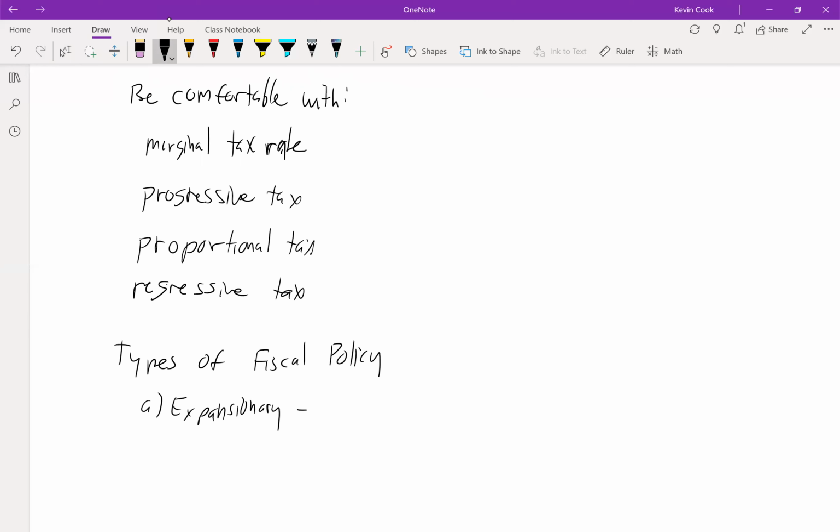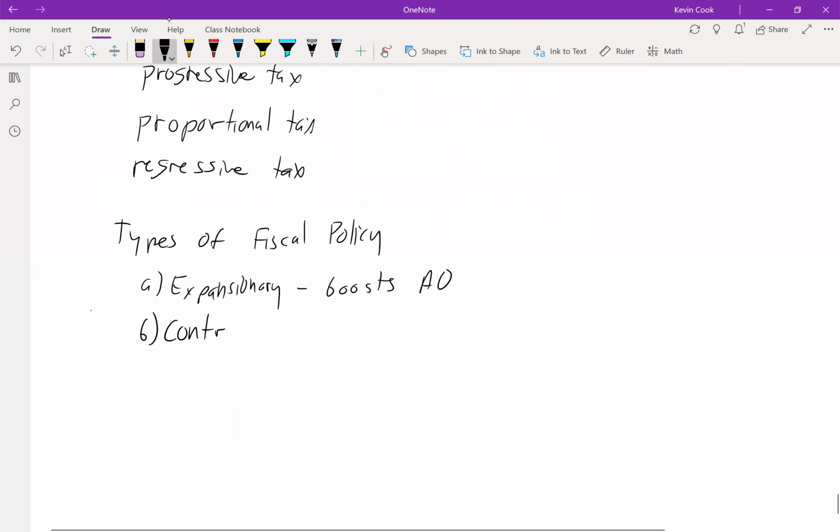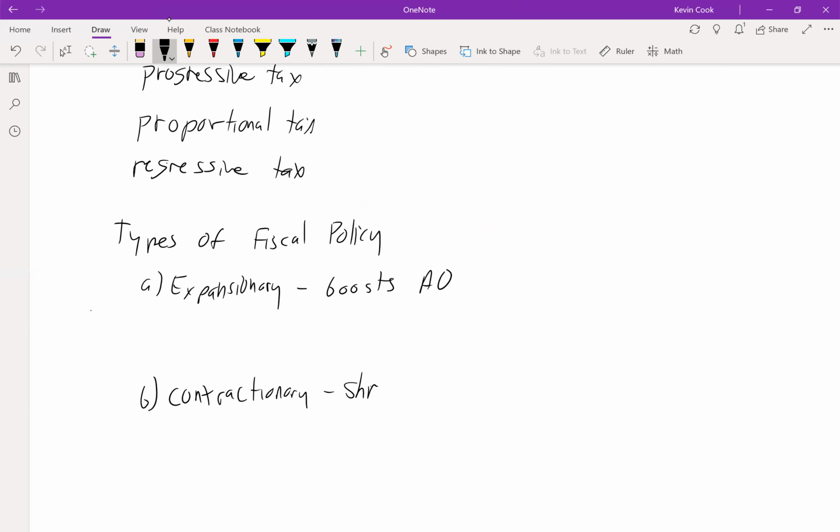For fiscal policy, expansionary is that which boosts our aggregate demand. Then we had contractionary, and this is going to more or less work to shrink our aggregate demand some.